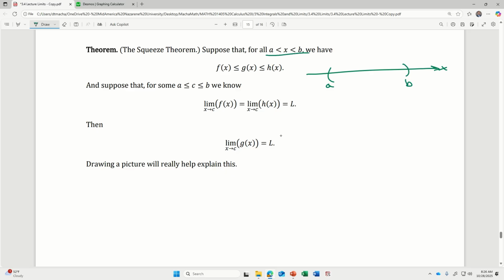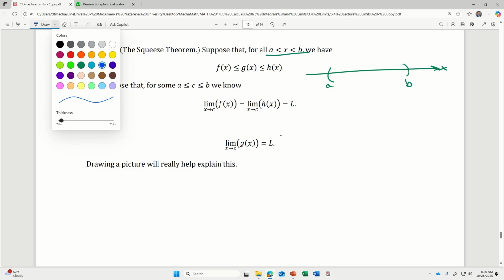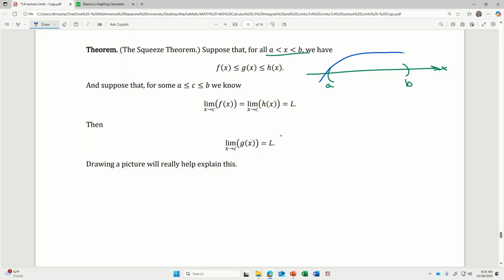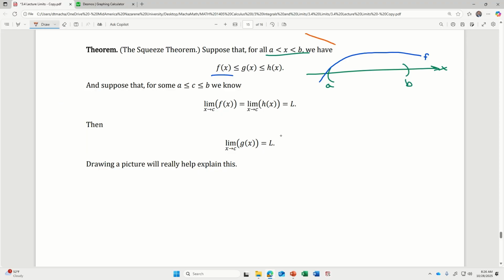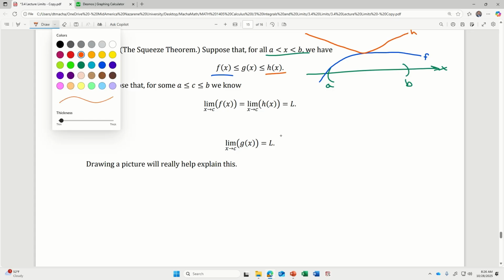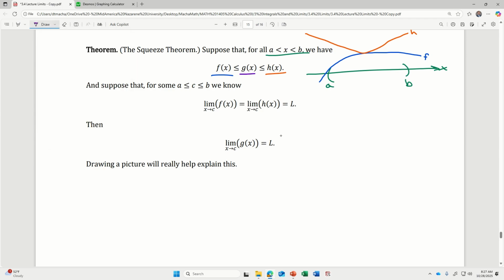And across this entire interval, we've got a function f, a function h, and another function g.